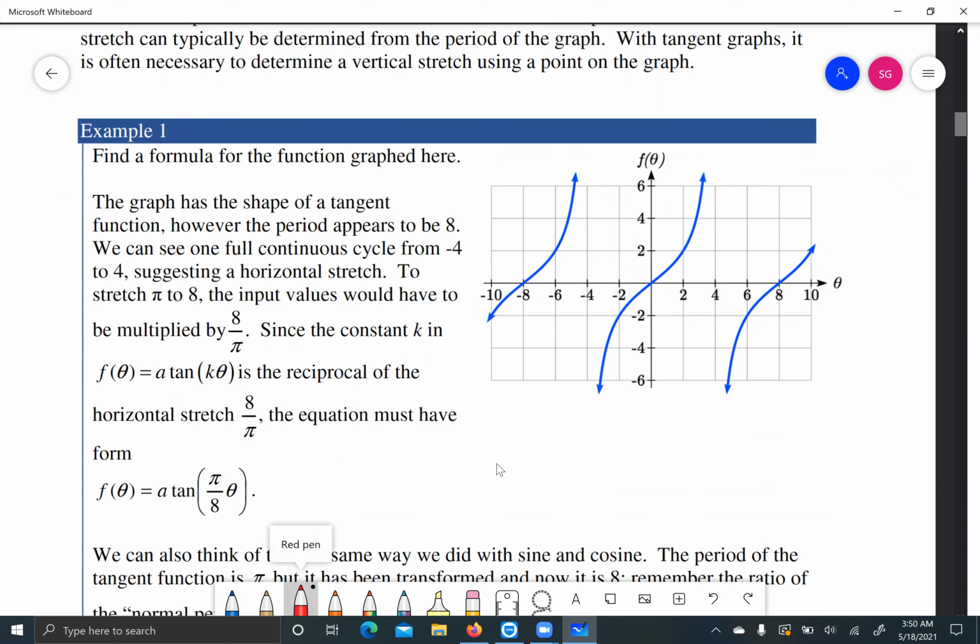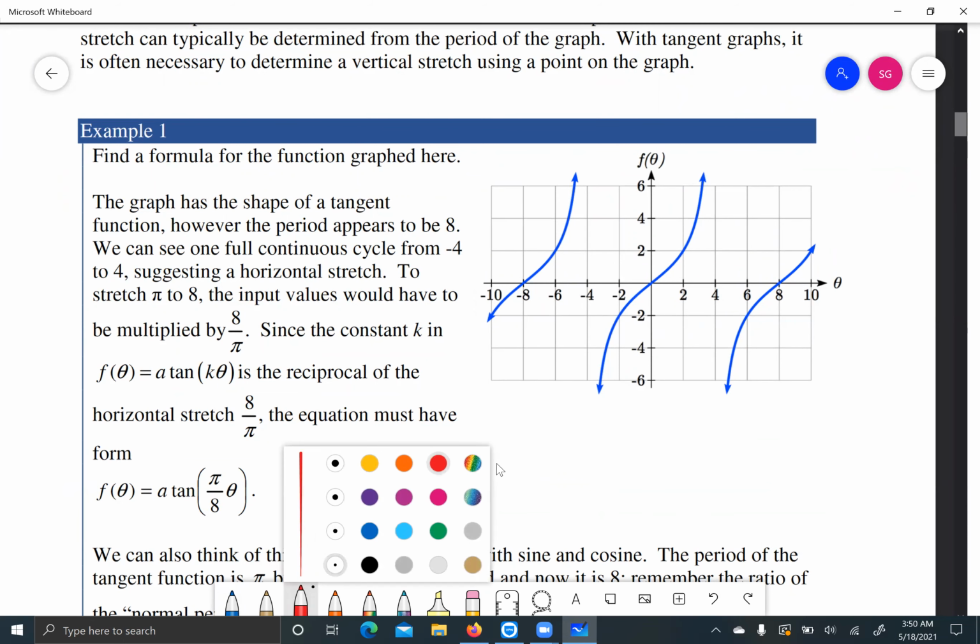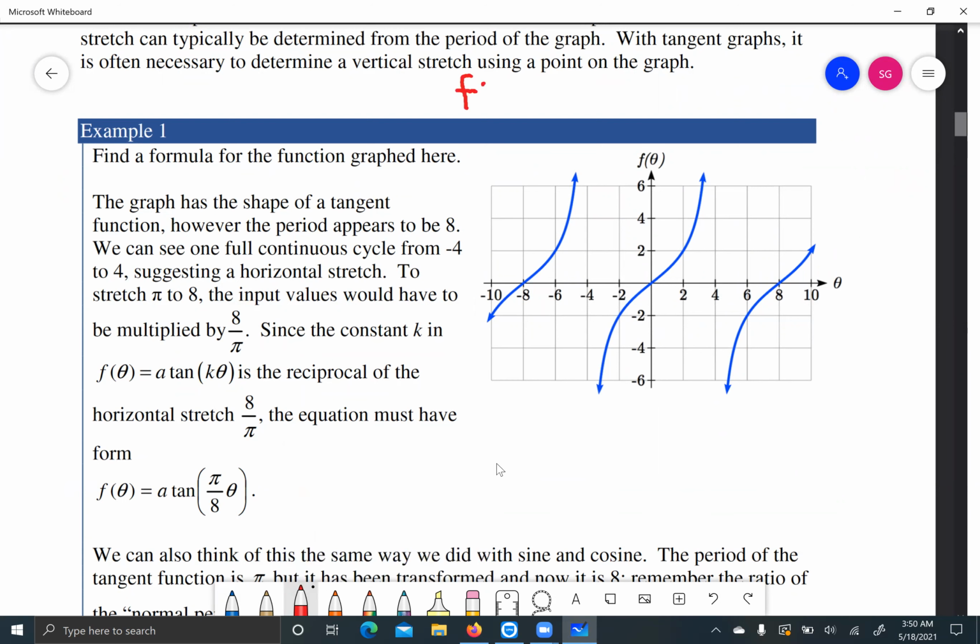So this is a transformation. I can see that f of theta is a transformation of the tangent function. But we just need to figure out if there is a stretch, if there is a shift, and so on. Okay, so first of all, let's find the period of this function.